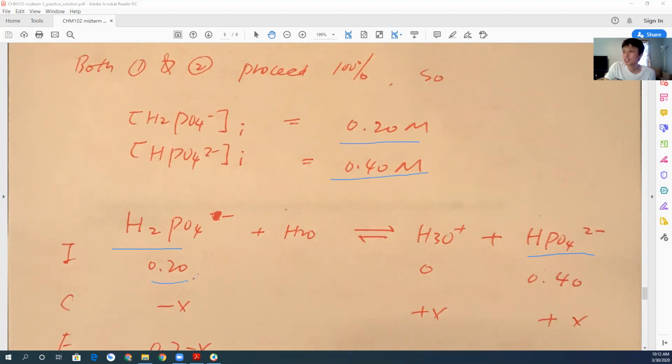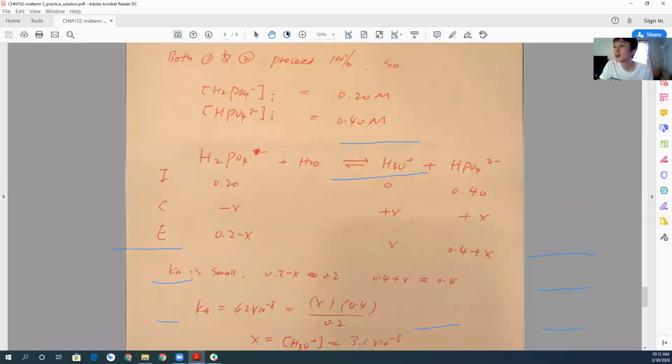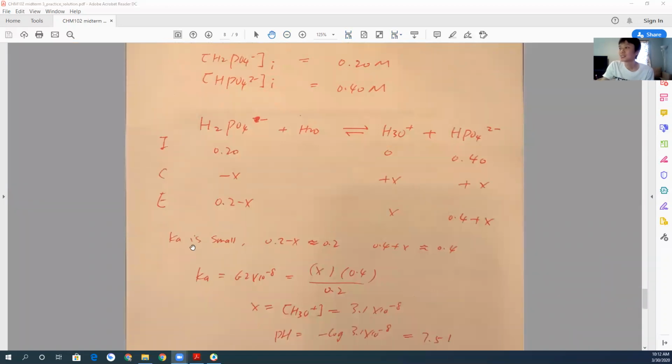So that's the initial concentration in the IC table, and this is the change of concentration. Let me zoom out a little bit. Right, so this is better, right?